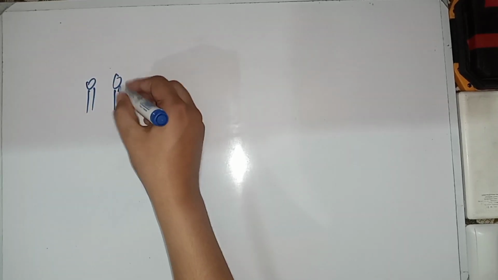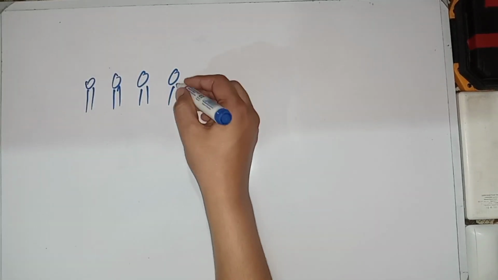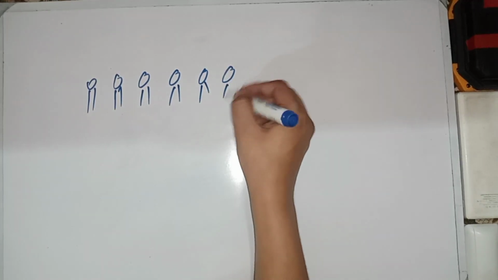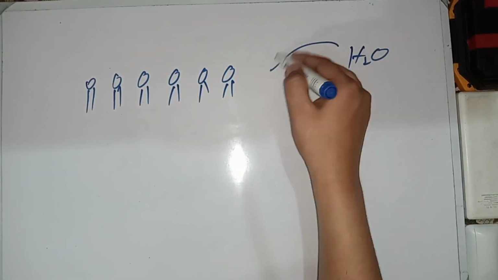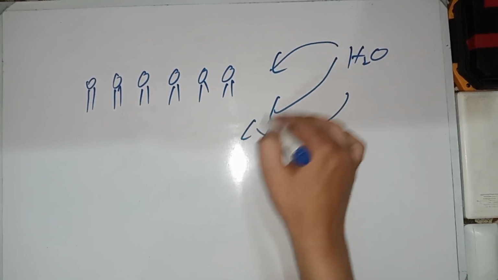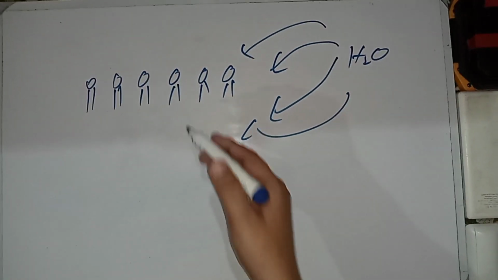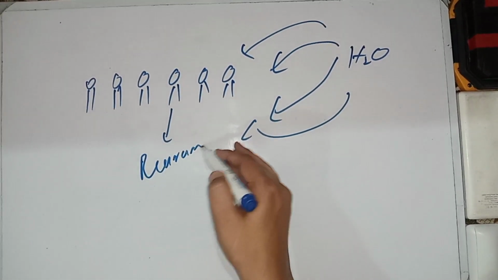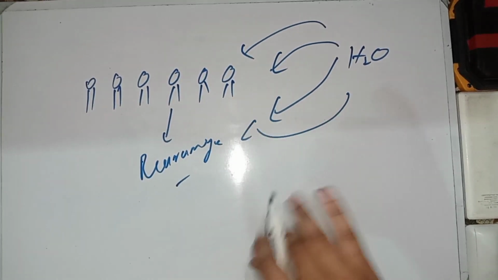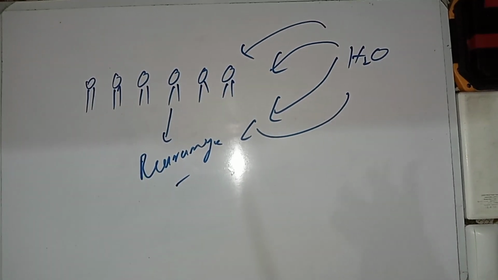Suppose these are multiple phospholipid molecules, and they are introduced to water. We pour water, H2O, here. So what will happen? They will rearrange themselves in such a way that their polar region interacts with water and the non-polar region flies away from the water.